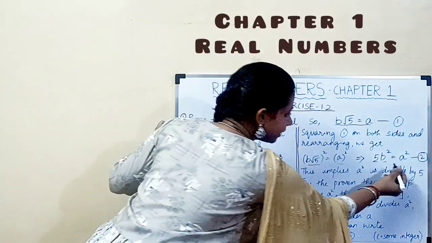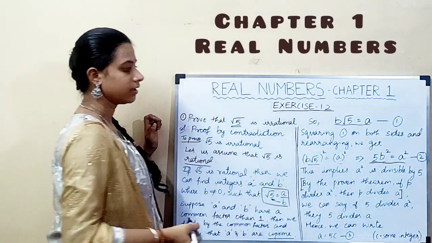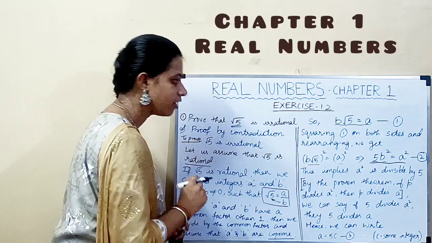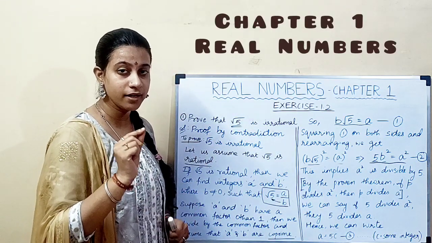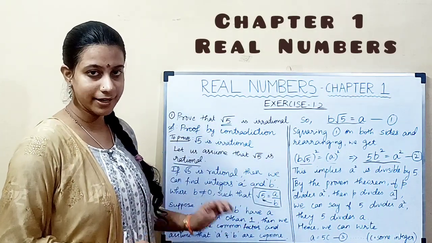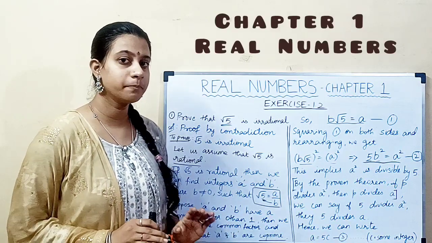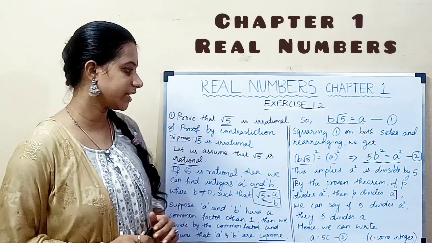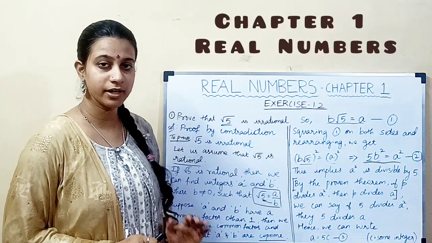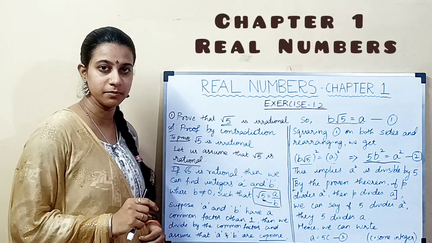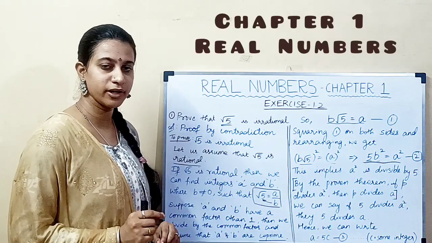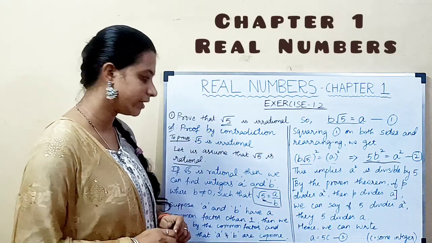Now from this condition we can say that 5 divides a square, or a square is divisible by 5. Just now we proved a theorem which stated that if p is a prime number and p divides a square, then p divides a. Now we are saying that a square is divisible by 5, so by the theorem we can say that a is also divisible by 5. In other words, if 5 divides a square, then 5 also divides a.